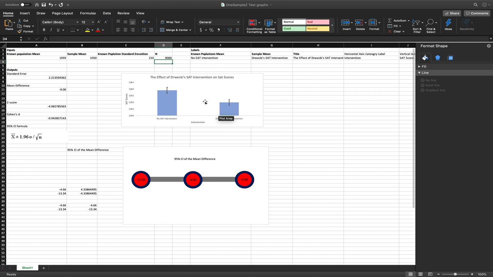So let me see what happens when I make the difference between our sample mean and the known population mean as small as I can possibly think to make it. One SAT score. Can I make such a meaningless difference significant by increasing my N? Right?